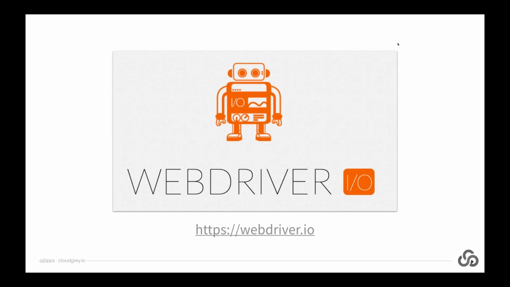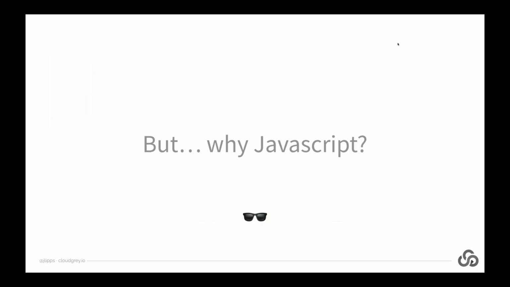But we can step back and actually ask, why JavaScript? Why use JavaScript in the first place? The answer is that Appium itself is written in JavaScript, and so executing this code on the server side was more or less trivial because we had access to the WebDriver IO API natively from within Node.js, which is what Appium runs on.